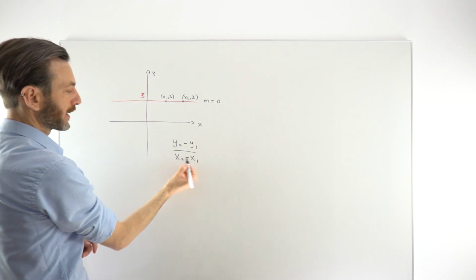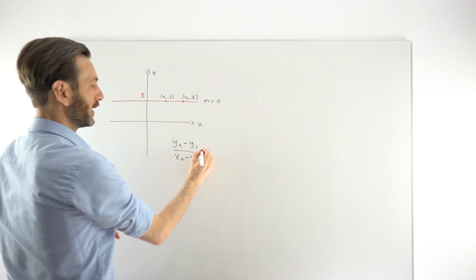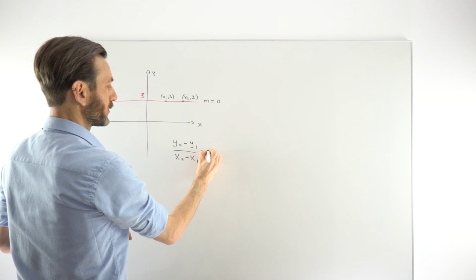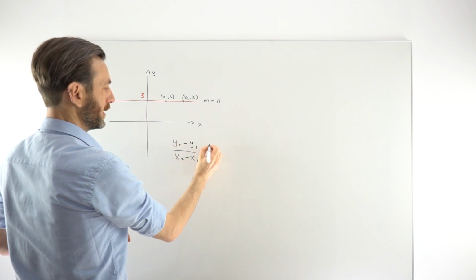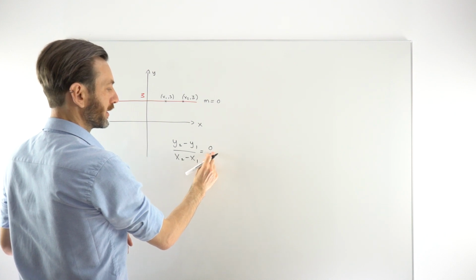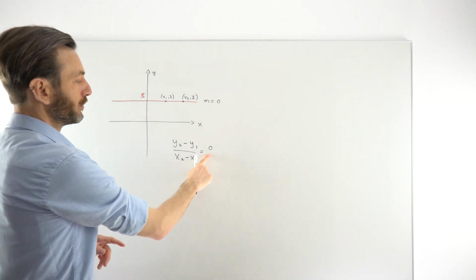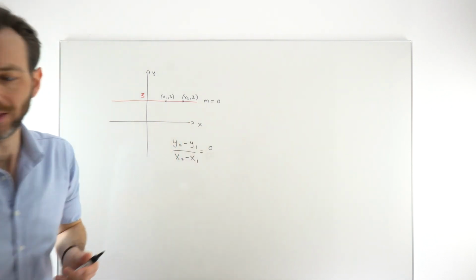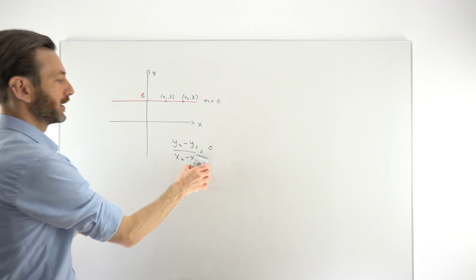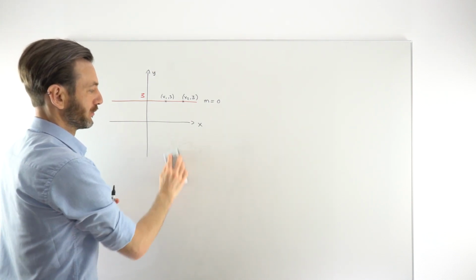Regardless of what x2 and x1 are, y2 and y1 are both 3. 3 minus 3 is 0, so this would come out to be 0 over some number, which doesn't matter because 0 divided by any number is just 0. So that's how you could more formally recognize that the horizontal line has a gradient of 0. But just by definition, it's got a gradient of 0 anyway.